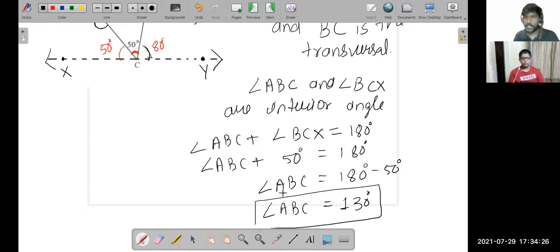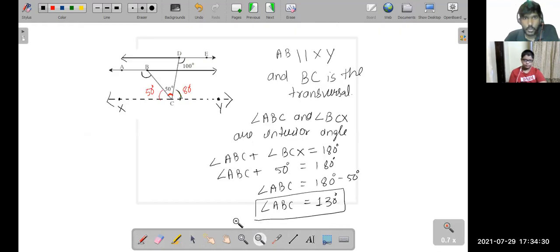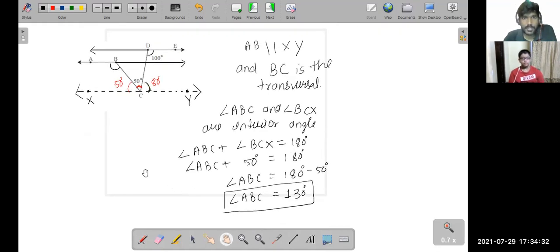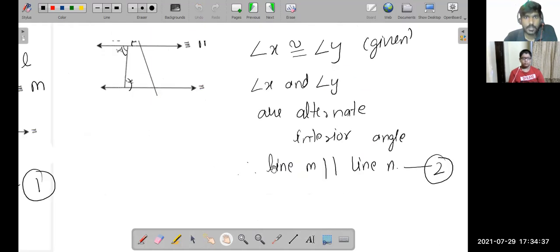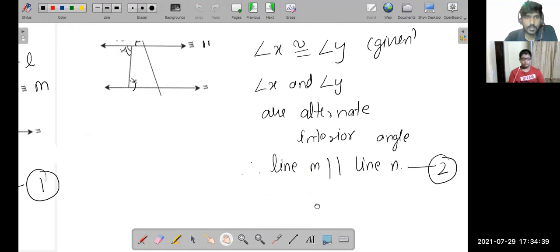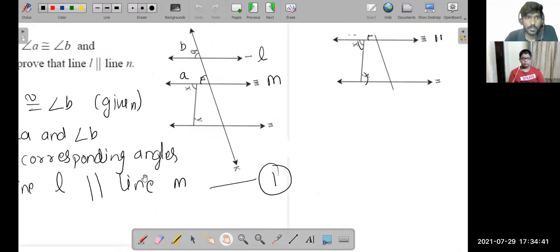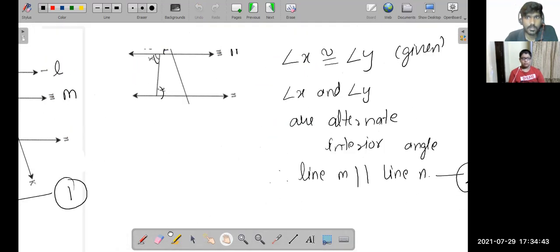I hope it's clear. Did you understand the sum? Yes, sir. Okay, so I've done the sum in 3 pages. This is the third one.